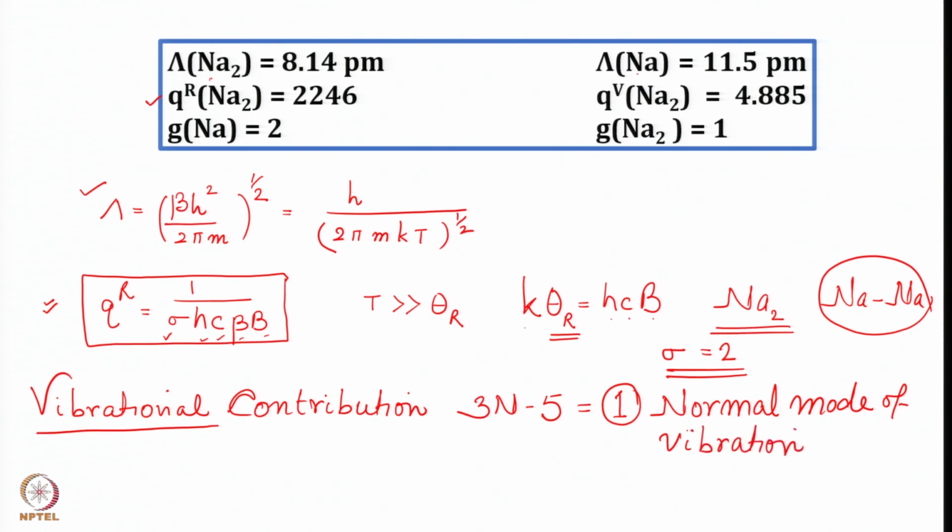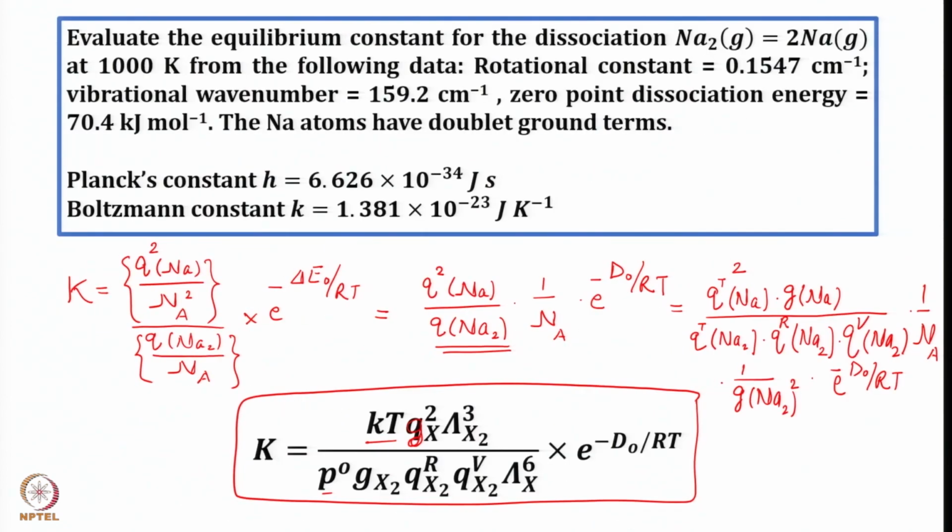Now if we look at the problem statement, the rotational constant is given. We have already used that in calculating the rotational partition function. Vibrational wave number is given, and we are also given that sodium atoms have doublet ground terms.